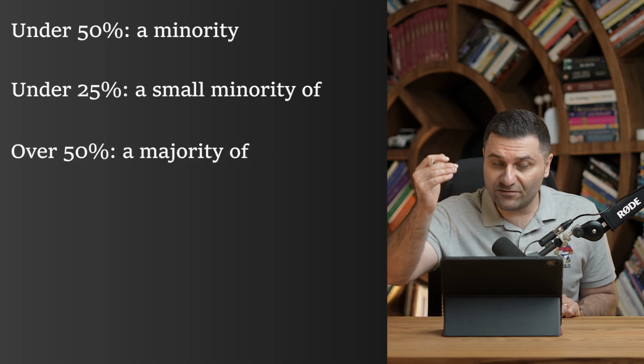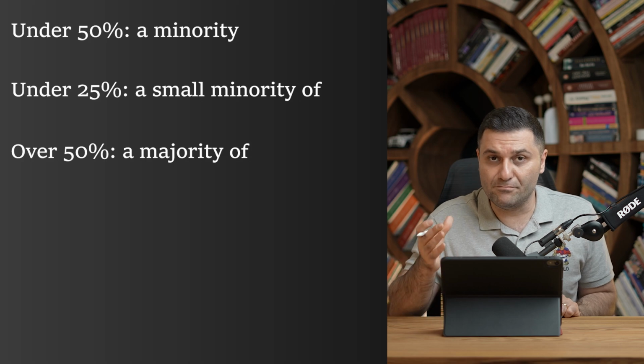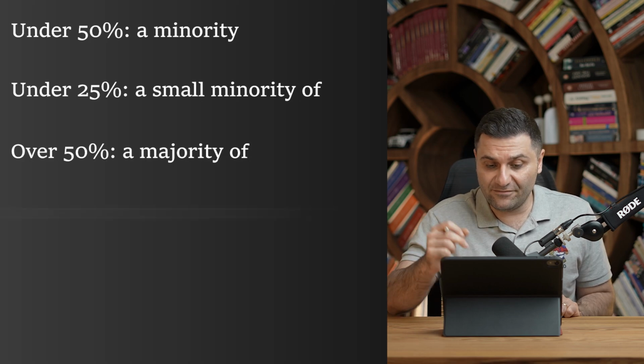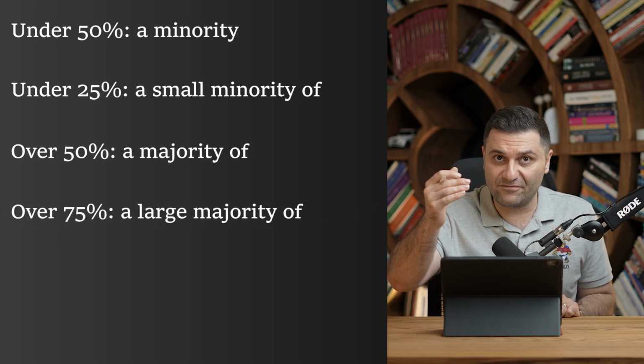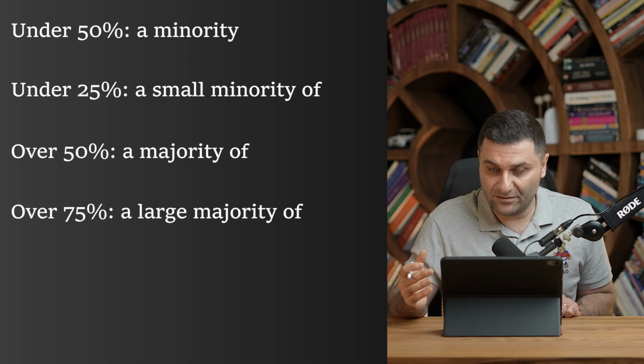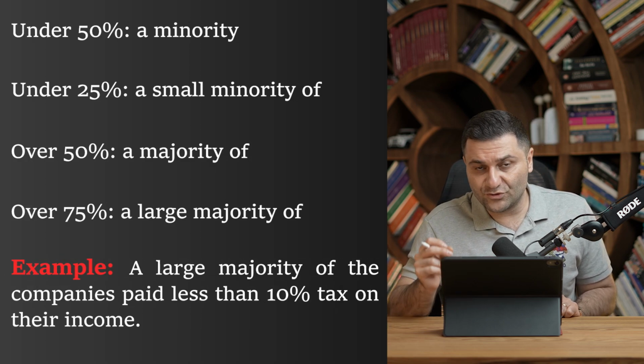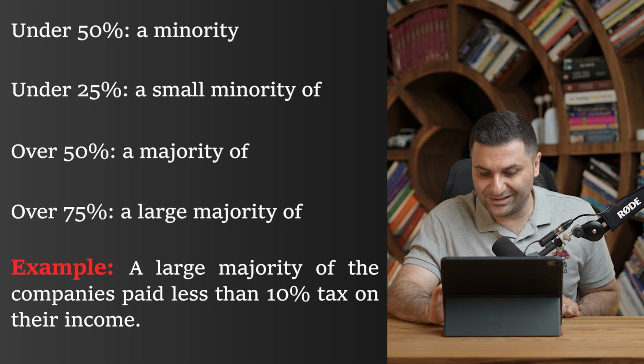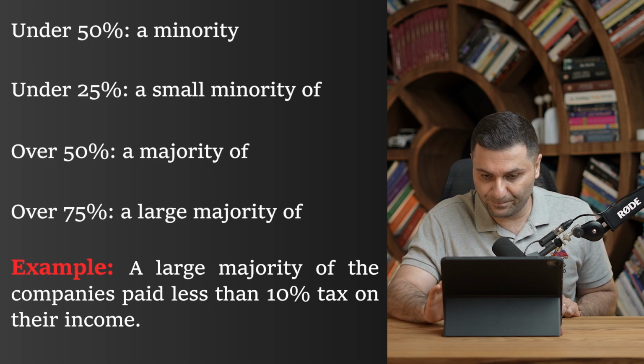If it's over 50%, you can write a majority of. And if it's over 75%, you can write a large majority of. For example, a large majority of the companies paid less than 10% tax on their income.